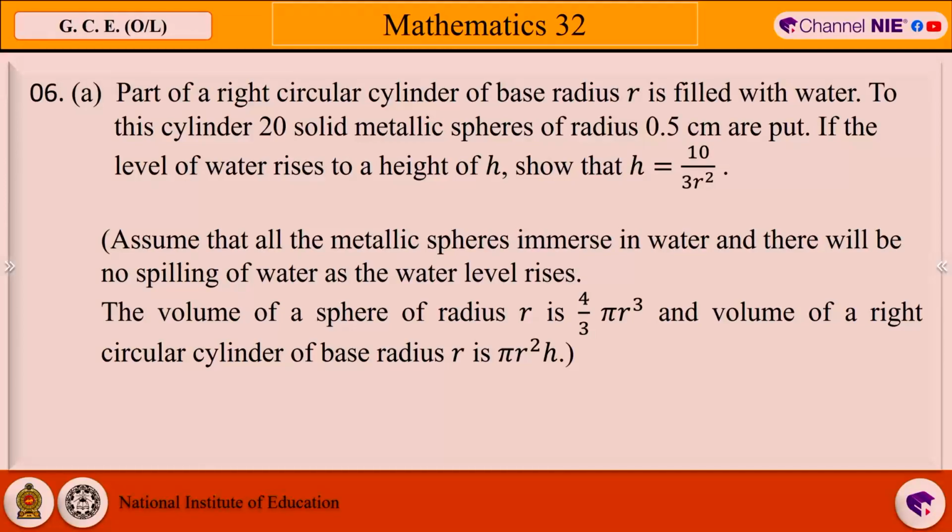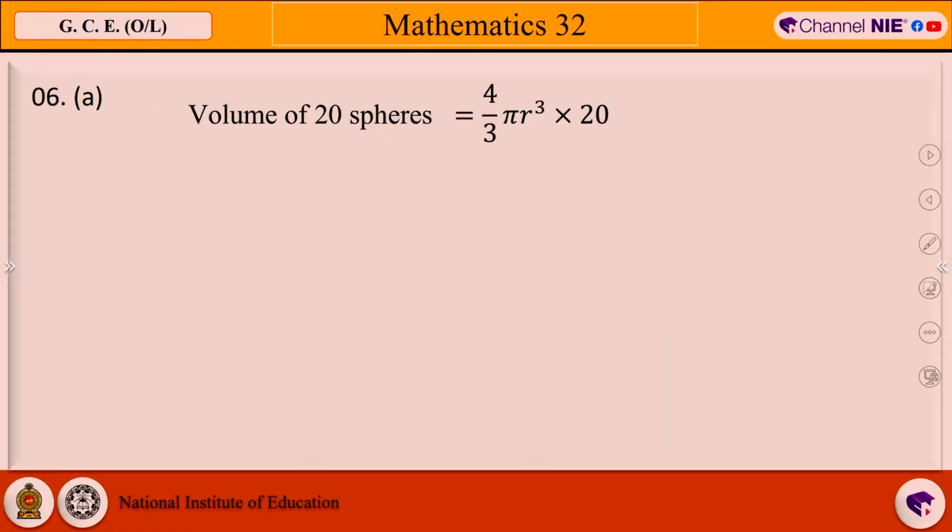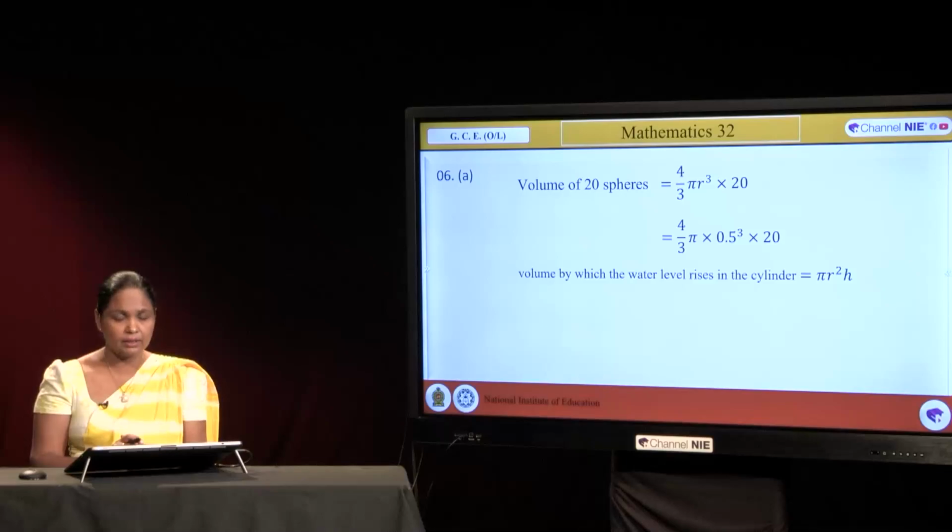Okay, let us see how to solve this problem. First, we can easily find the volume of 20 spheres. Volume of a sphere is 4 over 3 times π r cube and we have to multiply it by 20 to find the volume of such 20 spheres. Then, we can substitute the value of r as 0.5, then you get this expression. Then, you can find the volume by which the water level rises in the cylinder, which is π r squared h.